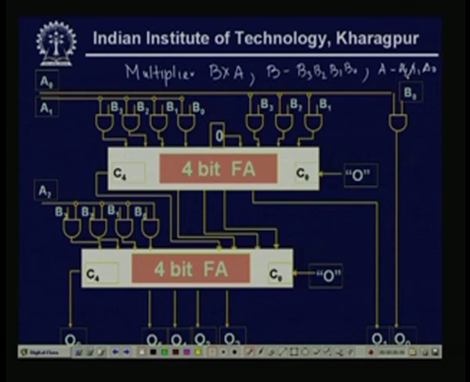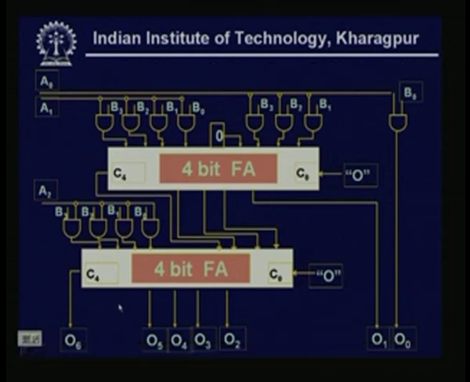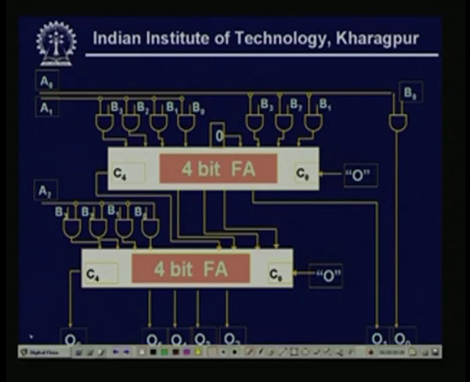Now, if we multiply in a similar way to the multiplication we have already done, we take that example: B3, B2, B1, B0 and we want A2, A1, A0 to be multiplied with this.